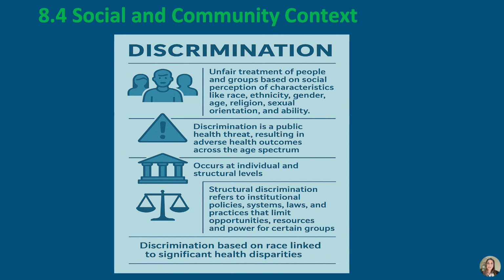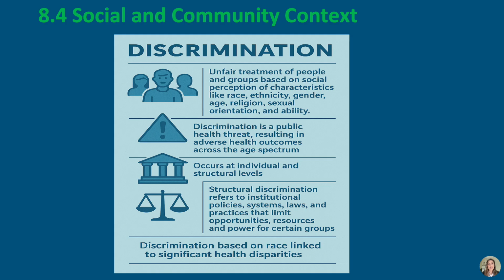So when we now switch and talk about discrimination, this is unfair treatment of people and groups based on social perception of characteristics like race, ethnicity, gender, age, religion, sexual orientation, and ability. So discrimination is a public health threat. It results in adverse health outcomes across the age spectrum.